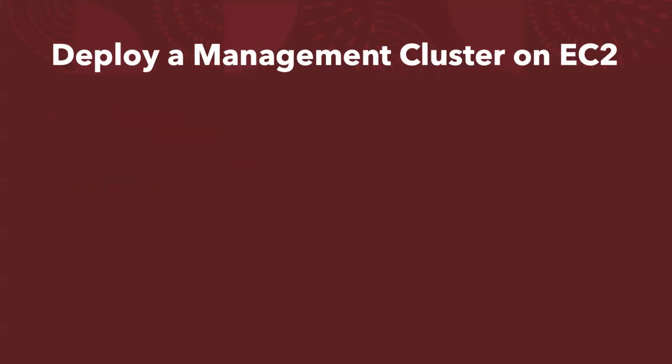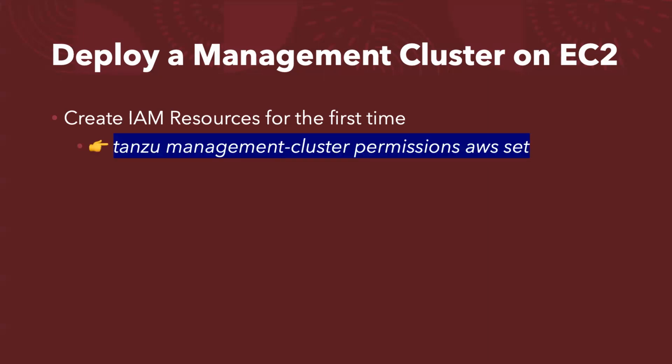So how do you deploy a management cluster on EC2 instances? The very first time you deploy a management cluster on EC2, you need to create IAM resources. You just run tanzu management-cluster permissions aws set.